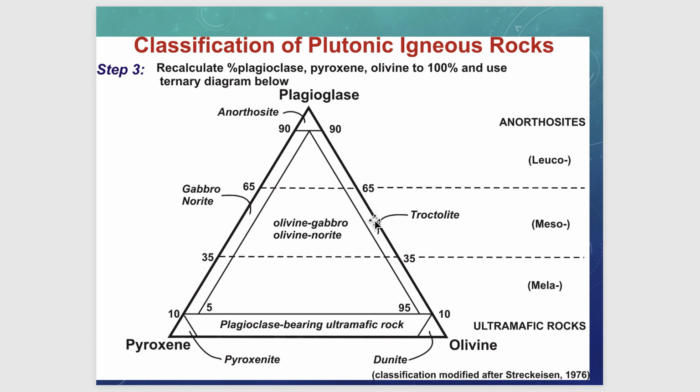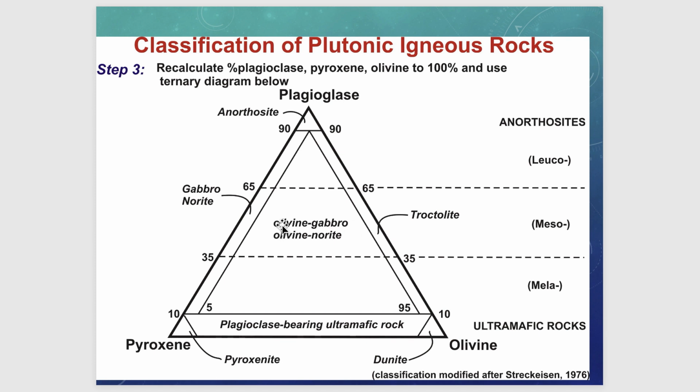Instead, if you move here, you have the troctolites. Troctolites are rocks that are relatively poor in pyroxene. They will be quite leucocratic actually because of that. And often you have a mixture between plagioclase and olivine, so they are still quite greenish in color. We will see some examples later.